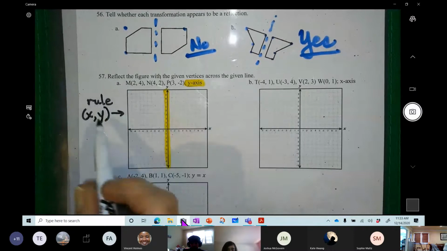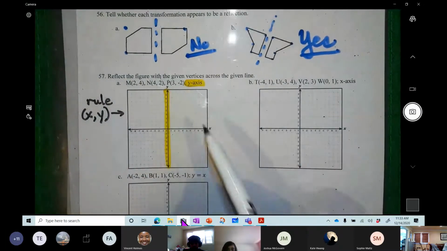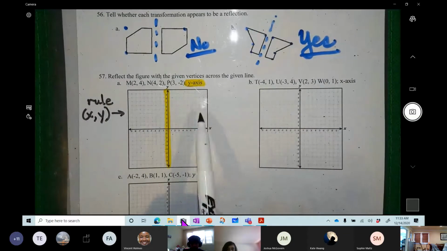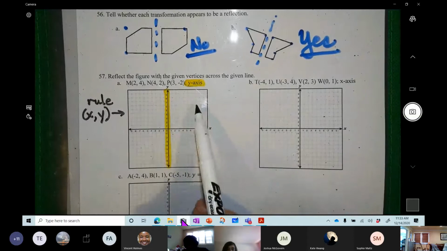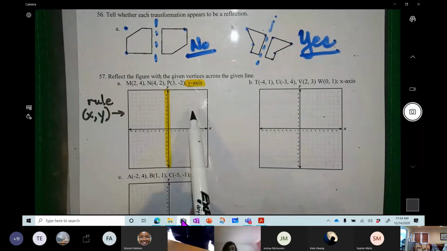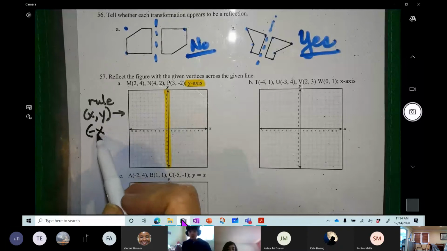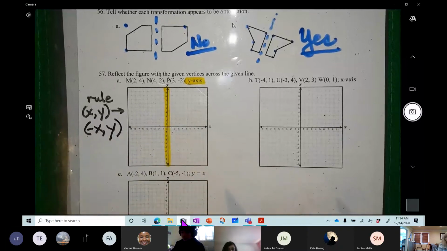So whatever you have as an x, y, if you have something over here and you're going to flip it over here, your y's stay the same. If it's this high, it's still going to be the same. But your x's are going to go from positive to negative. So the rule is that your x changes sign and the y stays the same.